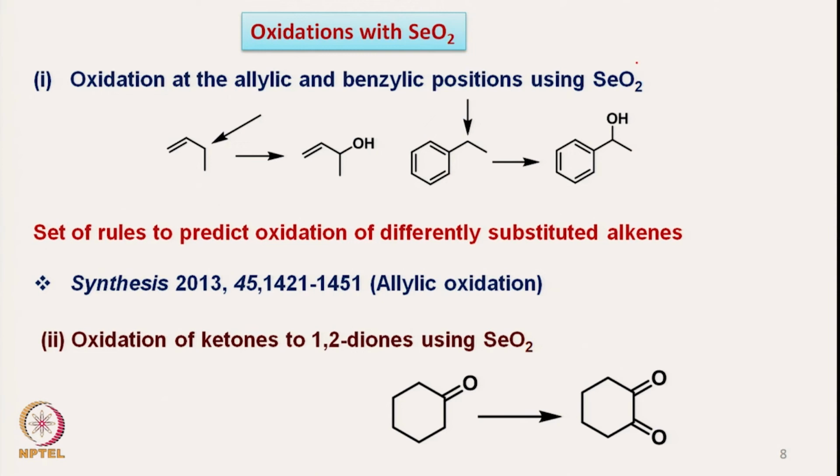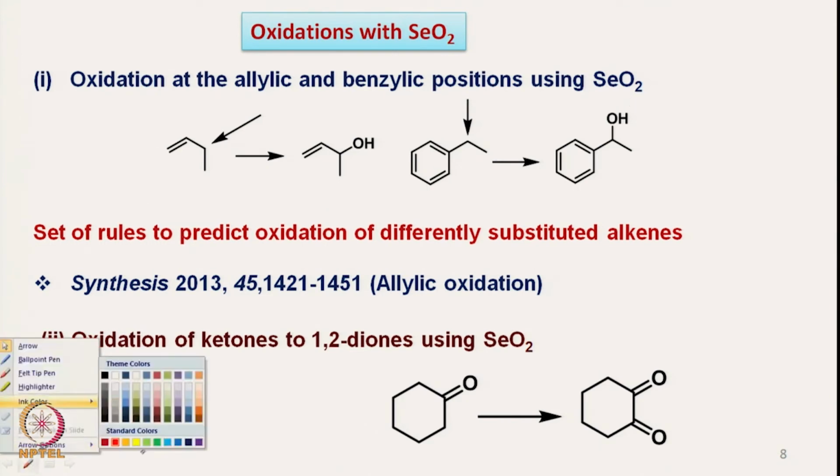Now, the next subclass of oxidations that we are going to look at is oxidations of organic substrates using selenium dioxide. There are two things that we are going to look at. One is of course oxidation at the allylic and benzylic positions with selenium dioxide.